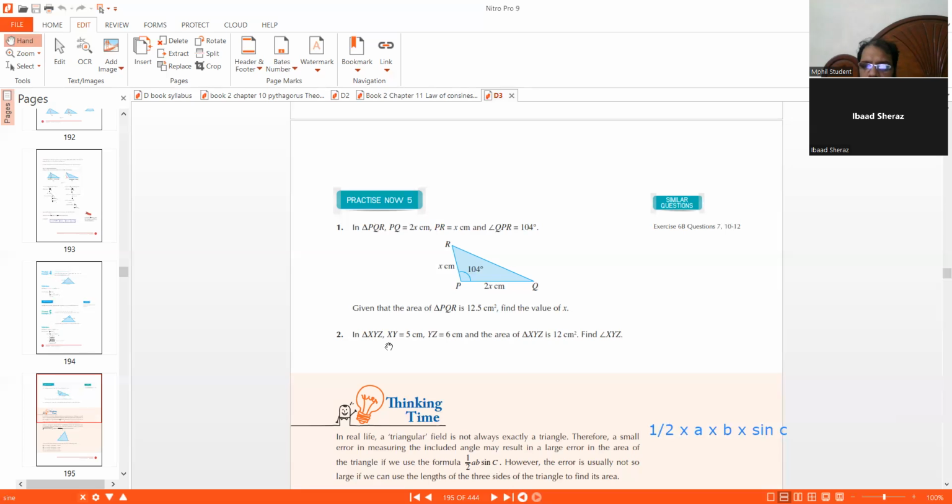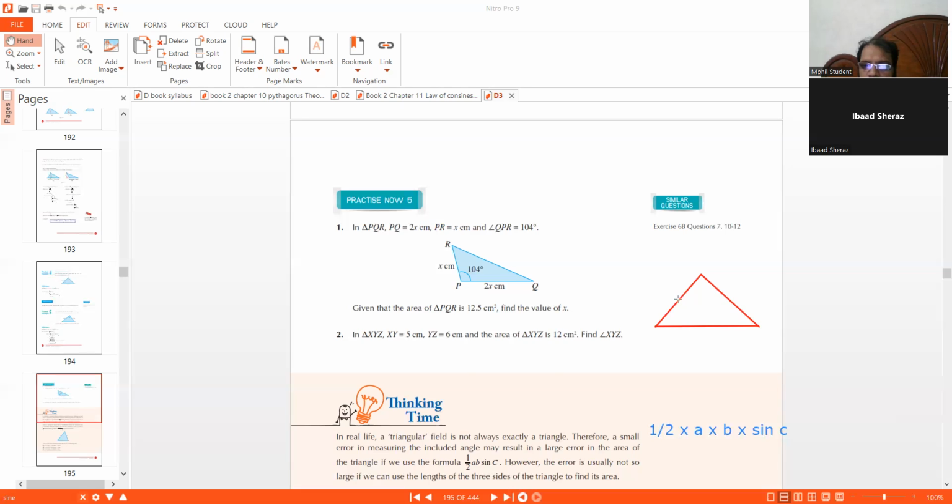Let's make this diagram. We make it like a triangle.